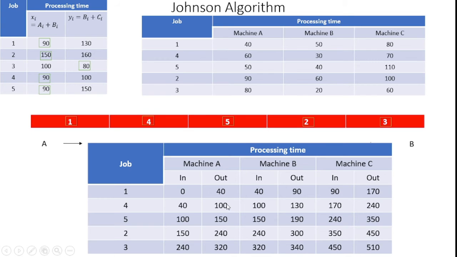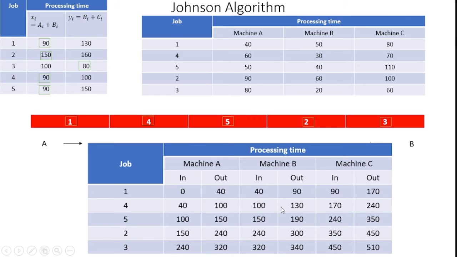If I compare 100 with 90, which one is maximum? 100 is the maximum. So after completing the job with machine A only, I can give the input to machine B, so 100 minutes is the starting time for machine B. So I can give the input as 100.